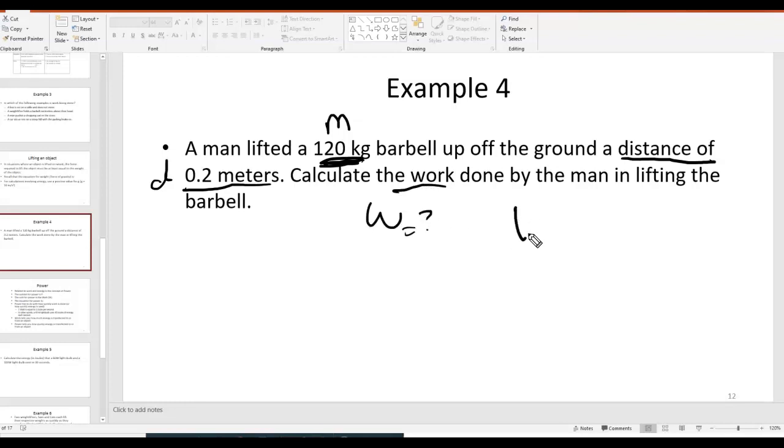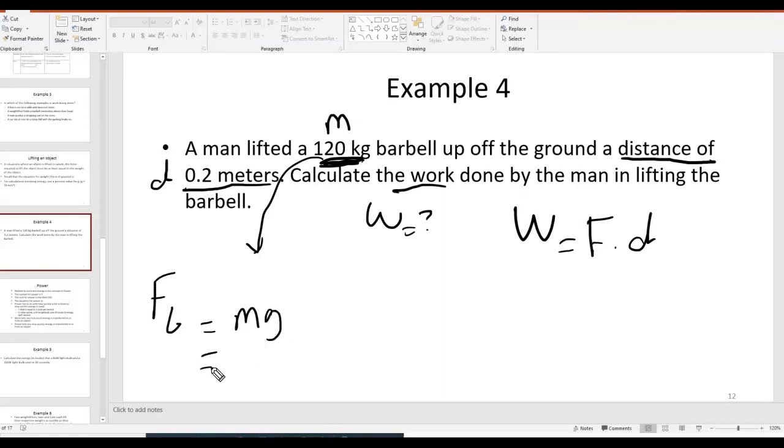When I go to use the work equation, force times distance, I'm not given a force. But remember, to lift something, the force you have to apply is equal to the weight, the force of gravity. So the force I need to apply is the mass, 120 kilograms, multiplied by g, which again we're using a positive 10 because the direction doesn't matter.